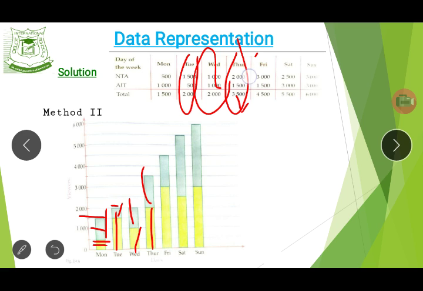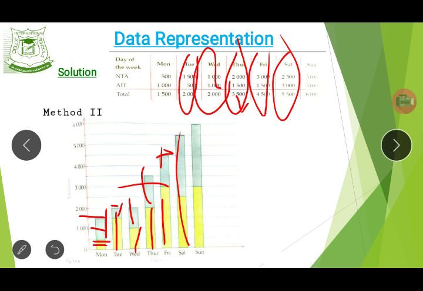Same thing for Friday. We have 4,500. 3,000 viewers saw NTA. The remaining will see AIT, which is 1,500. Saturday, same thing, and then Sunday, the same thing.